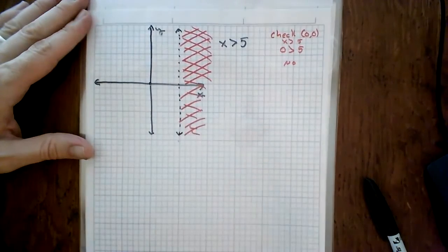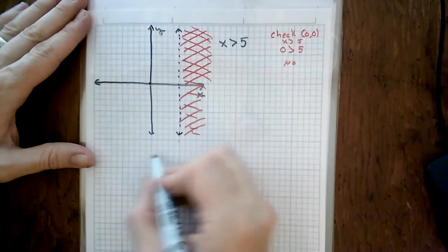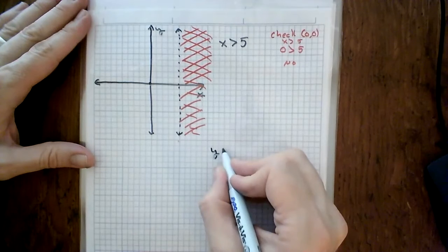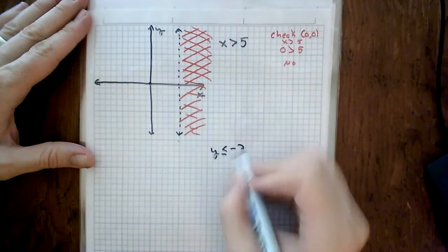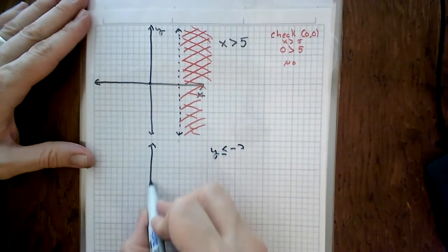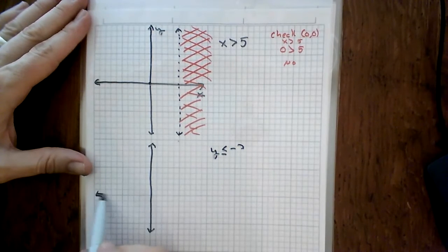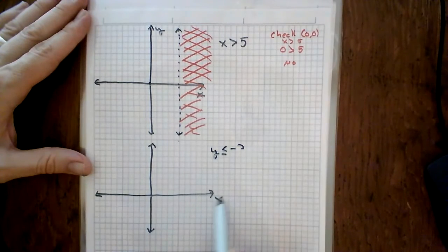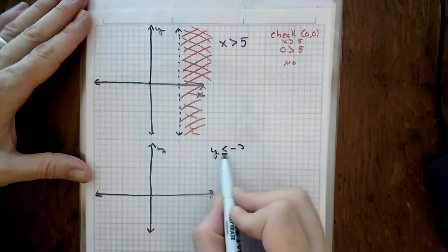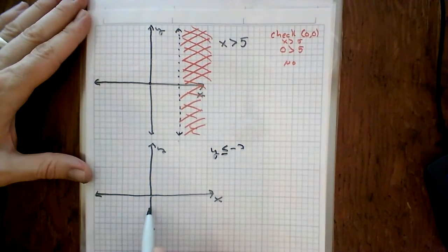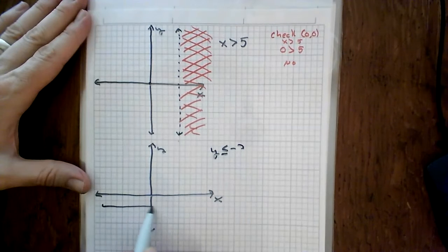If I were to do a horizontal line, say y is less than or equal to -2, here's my x, here's my y. This line would be a solid line because it could equal, and y would be a constant, so I'd have my line right here.